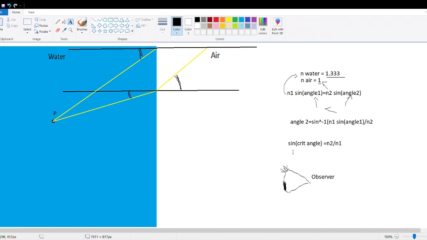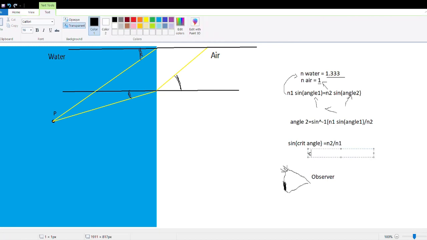In this case, we can simply find that the critical angle for us is equal to sine to the power of -1 of 1.1 divided by 1.3333. So the calculations are very easy, and the answer is 48.